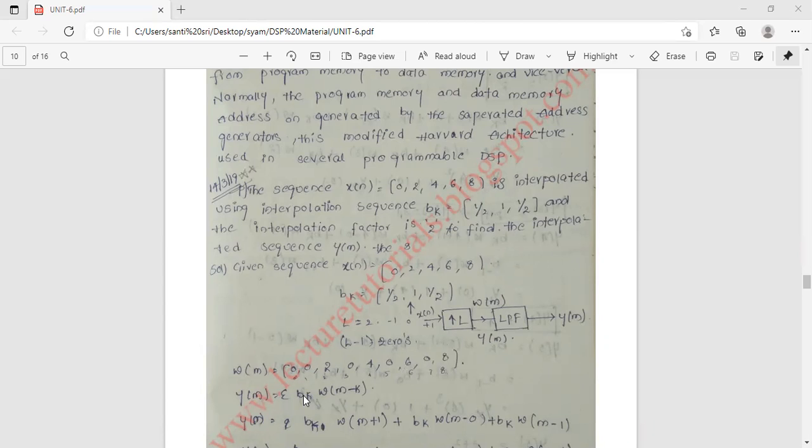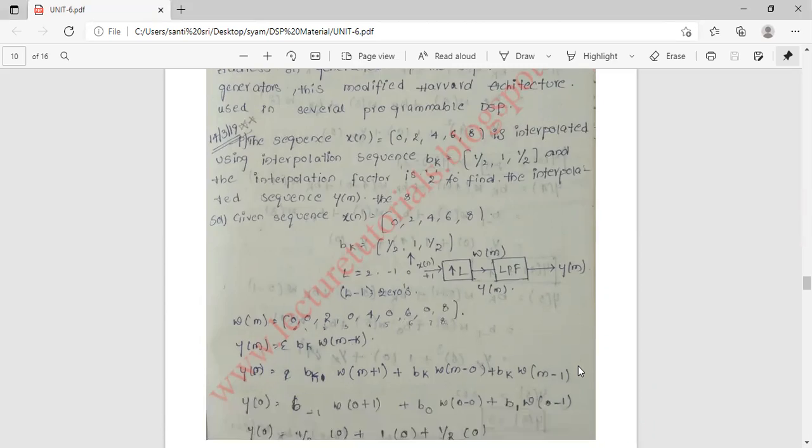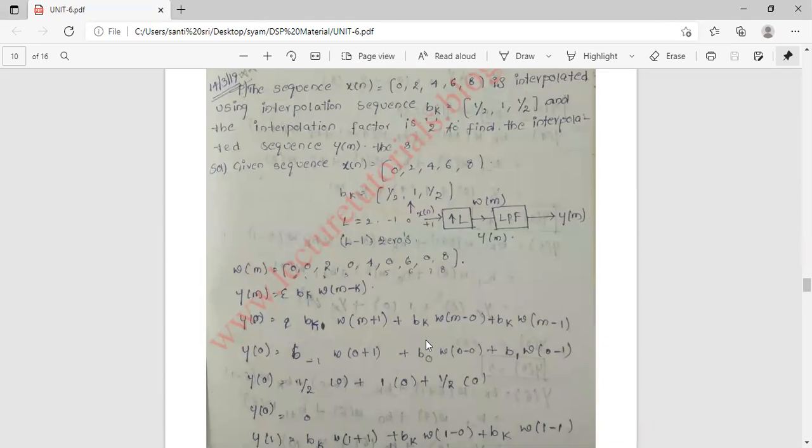Okay, y of m has the formula sigma bk into w of m minus k. So it is equal to the sum of bk into w of m minus k, n equal to 0 to 8.